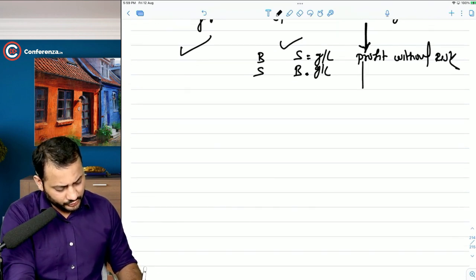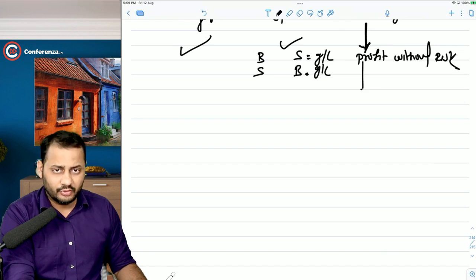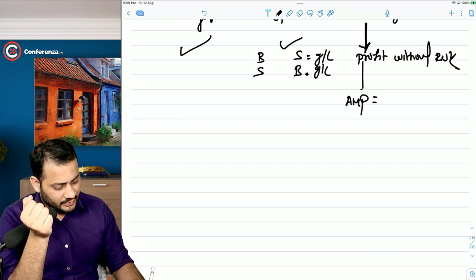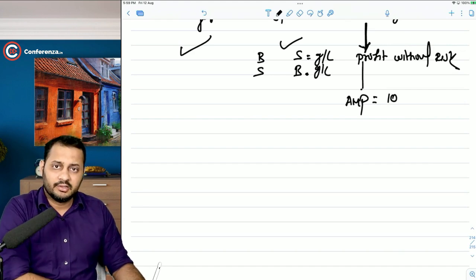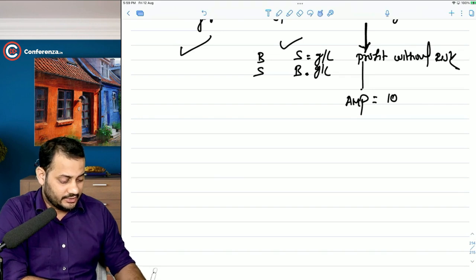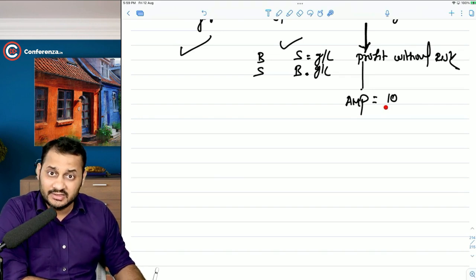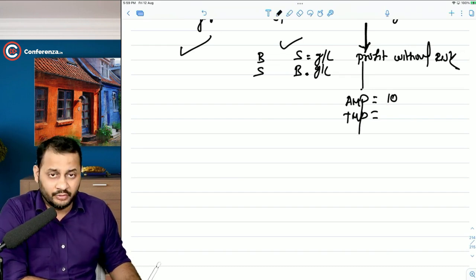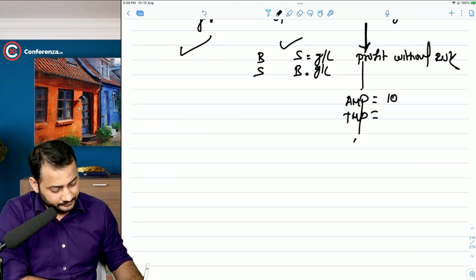Okay, so he goes to the market, whether it is a call option or put option. What he does is he looks at the market price. Let's say the call option is available in the market at 10 rupees. His first action will be whether this price is correct or not. So what he is going to do, he is going to calculate the theoretical market price.